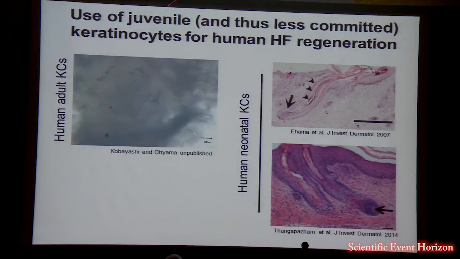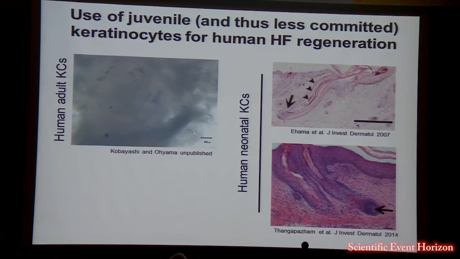This is data from my laboratory. If you combine human adult normal keratinocytes with the trichogenic dermal cell components, you get hair follicle-like or hair shaft-like incomplete structures.